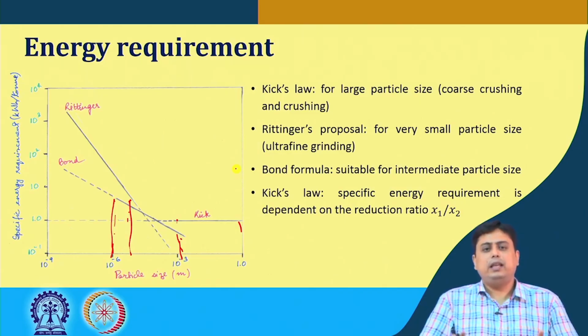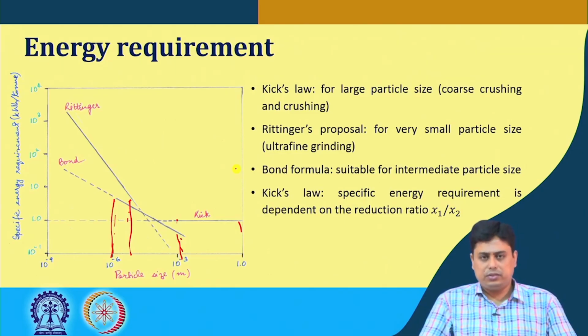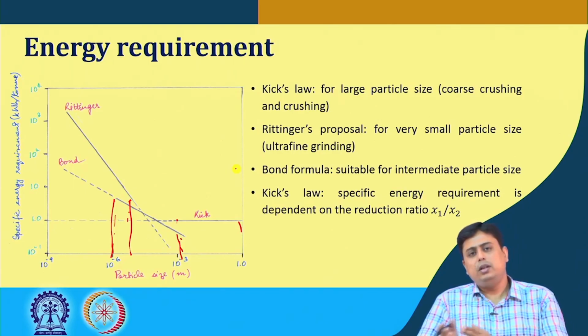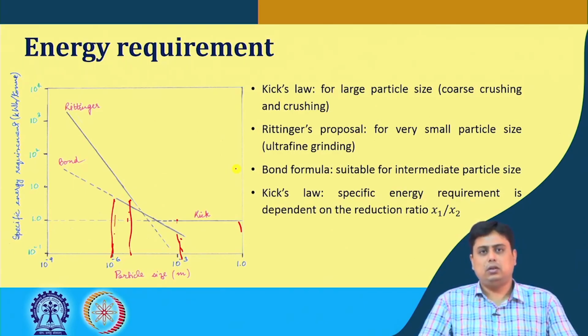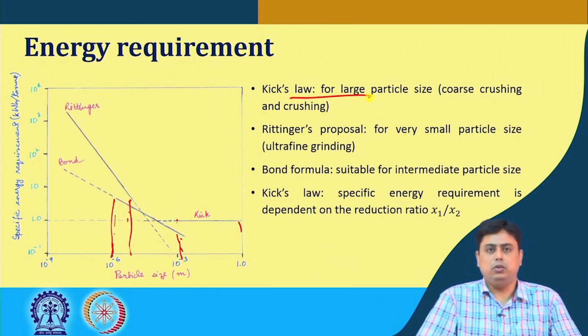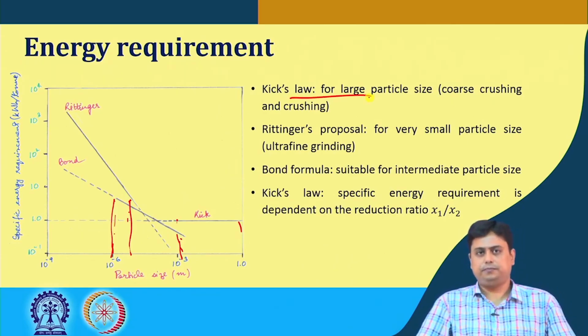When there is a huge amount of surface creation, for ultrafine to finer particles, Rittinger's law provides reliable predictions. When we deal with coarser particles or coarse crushing, Kick's law can safely be used as an initial estimation.